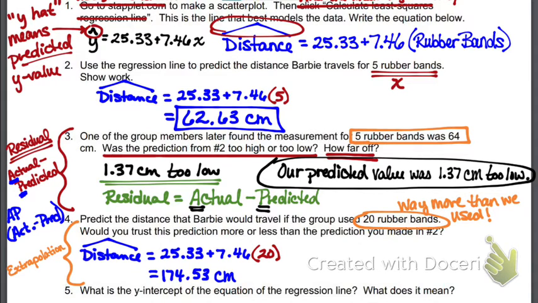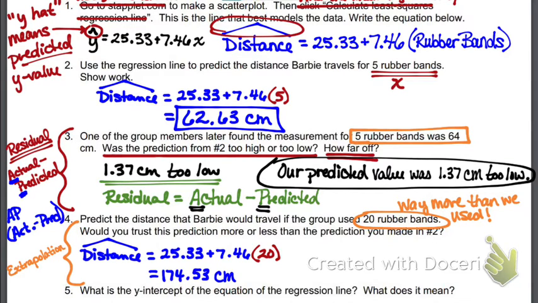When we use our model to make a prediction that is really far out from all the rest of our collected data, we're saying that we think our model is super accurate. We already saw that there was a difference between the actual and the prediction. Not a ton, 1.37 centimeters. Not a whole lot.